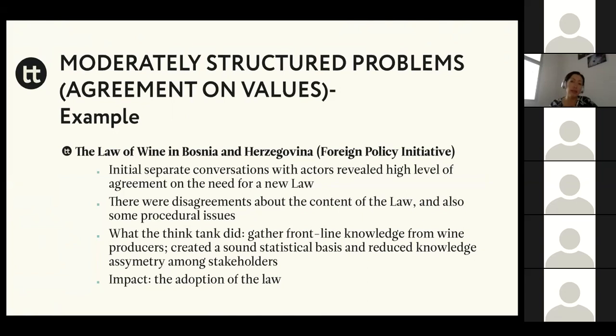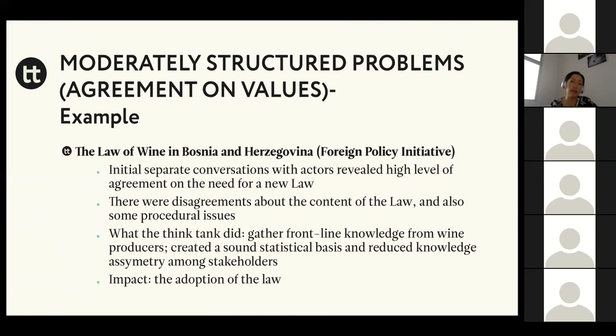So what did the think tank do? They went and gathered frontline information from the producers themselves, and they built together a sound statistical basis that could support all stakeholders to discuss the issues.